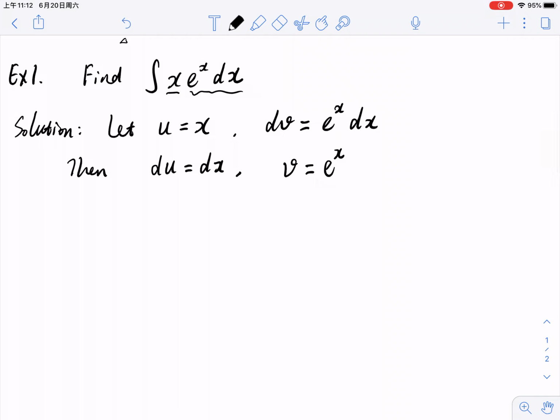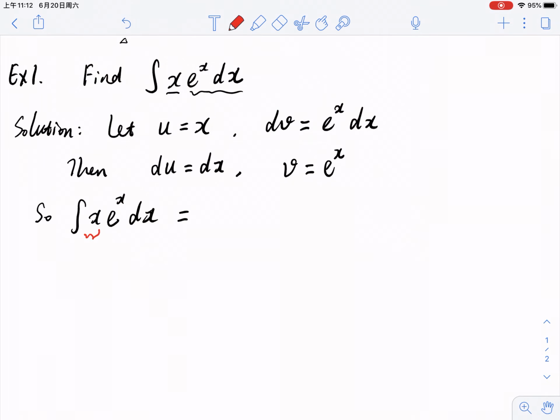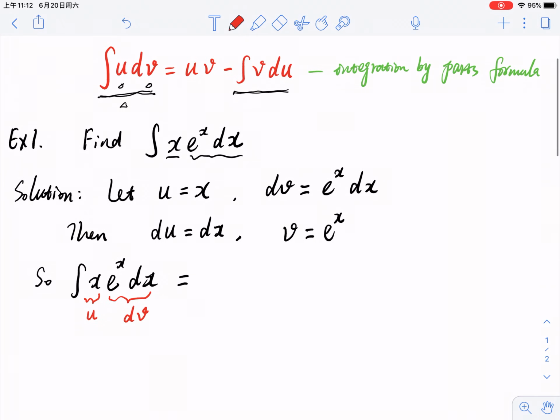Now the original integral, the integral of x e^x dx. Here this is u, and this is dv. Now we use the integration by parts formula. It is equal to u times v, so x times e^x, minus the integral of v du, which is e^x dx.